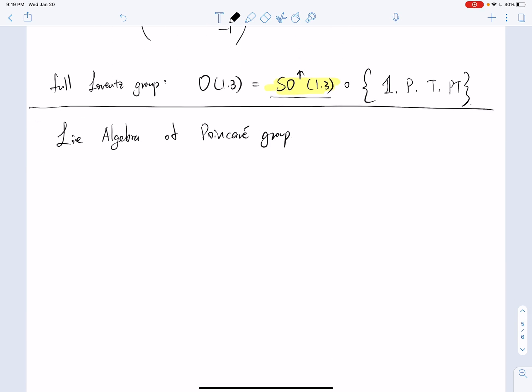To derive the Lie algebra, I'm going to introduce a method that is very useful in these kinds of calculations, and can also be applied elsewhere when you're dealing with other Lie groups.